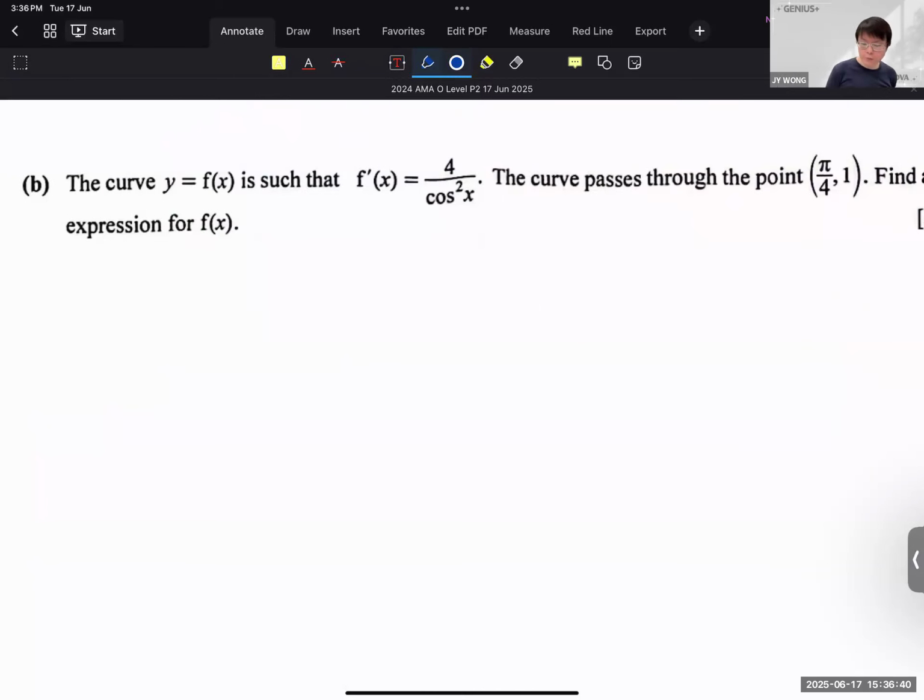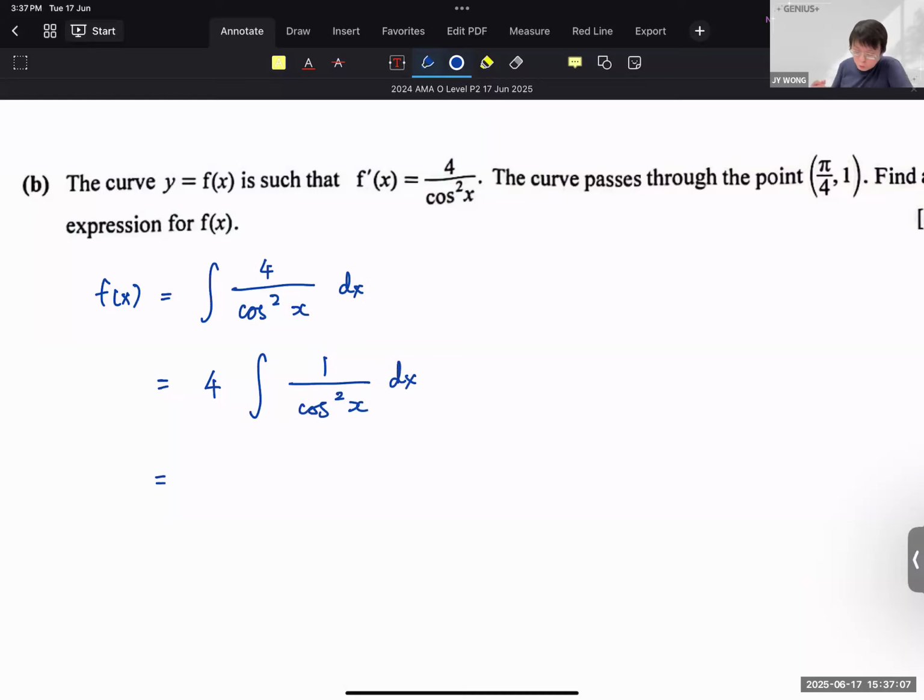Anyway, y equals f(x) such that f prime x is equal to that. So to find f(x), I need to do what to f prime x, Elijah? I need to integrate it. So f(x) is equal to the integral of 4 over cosine square x dx, which is equal to 4 times the integral of 1 over cosine square x dx, which is equal to integrate this.